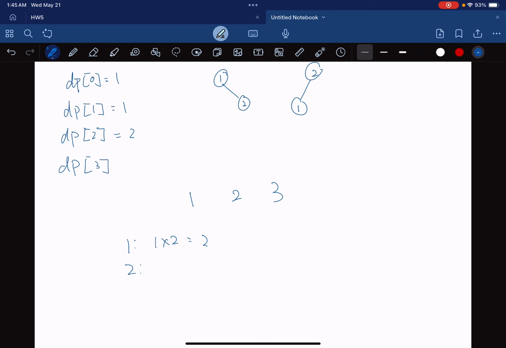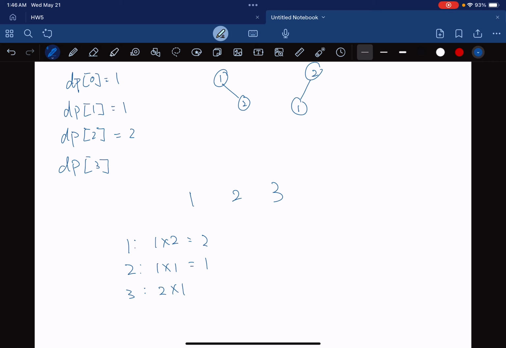And for 2, if we let 2 be the root node, we have 1 on the left and 1 on the right. And we know that with one unique node, the number of BSTs is 1. So in this case it's 1 times 1 equals 1. And by symmetry, 3 will be similar to 1.